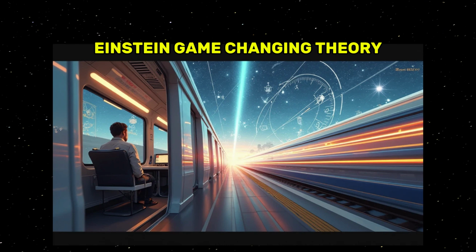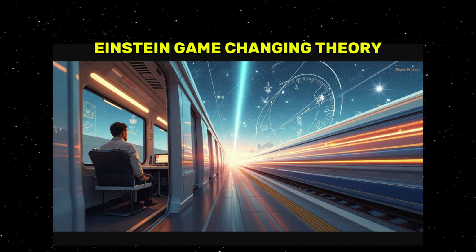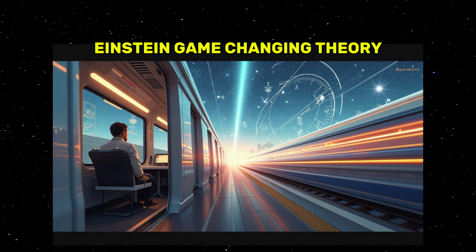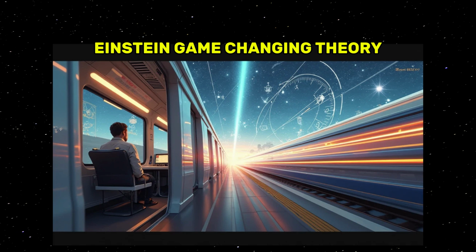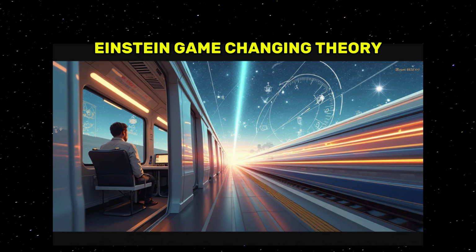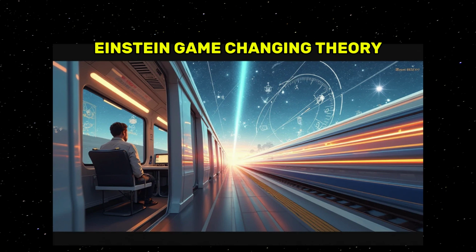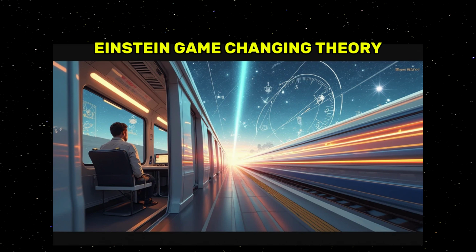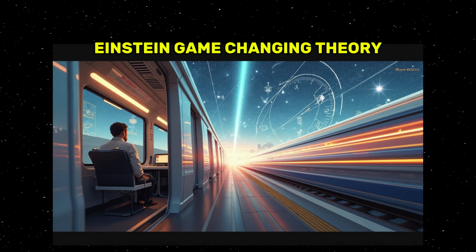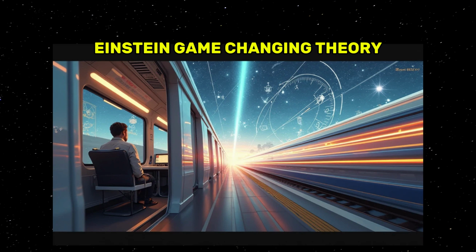The cosmic speed limit. Why nothing beats light. Perhaps the most startling implication of special relativity is that no object can move faster than light. According to Einstein, as you accelerate closer to light speed, the amount of energy required grows astronomically. To reach light speed, you'd need infinite energy, which is physically impossible.